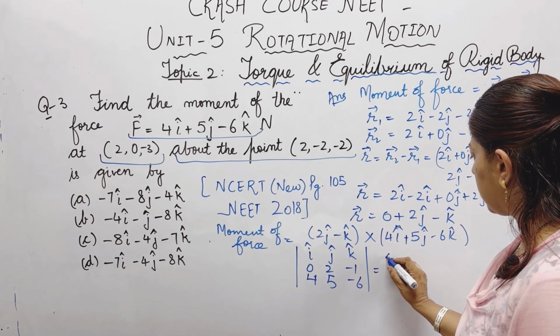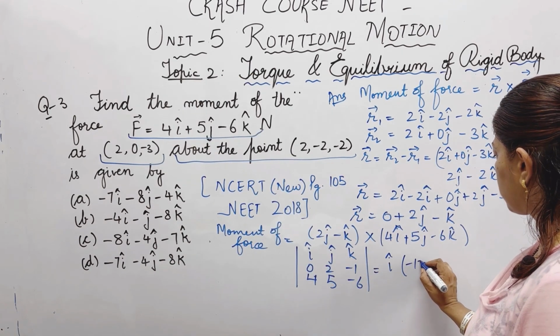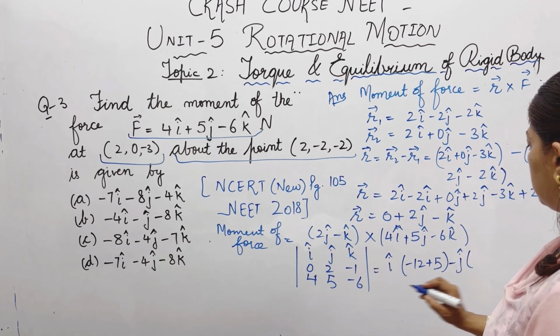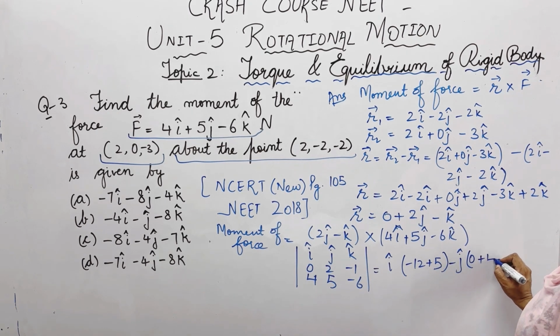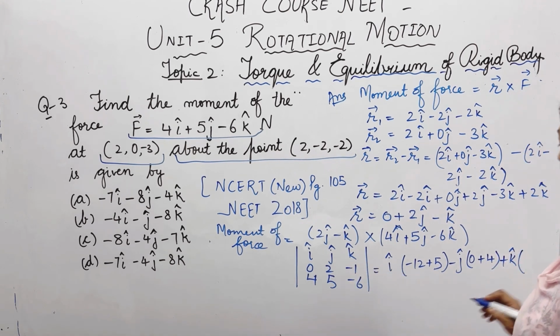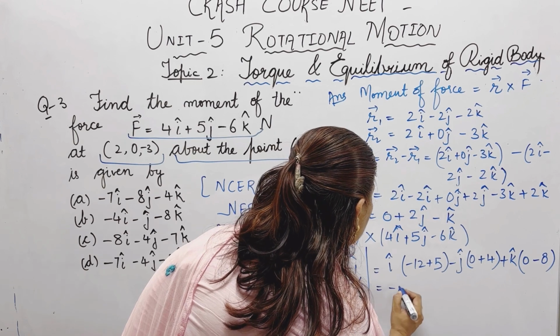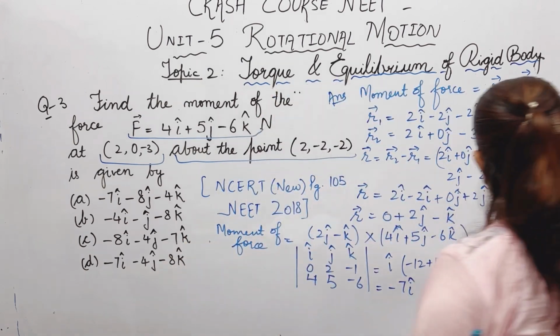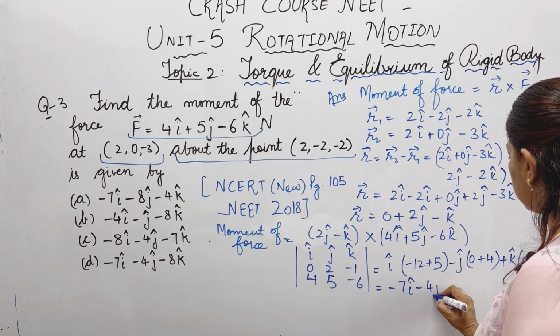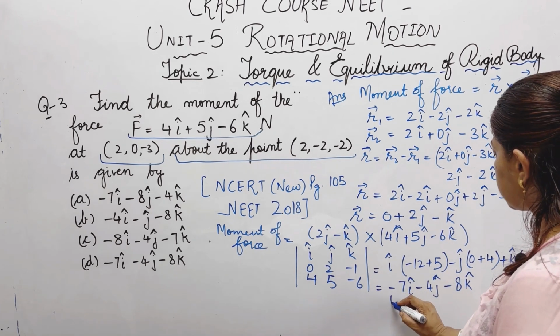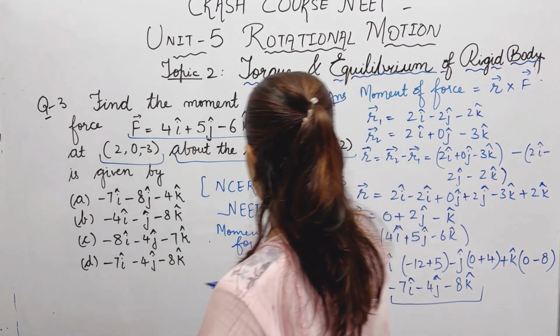This is given by i cap into minus 12 plus 5, minus j into 0 plus 4, plus k cap into 0 minus 8. So this value comes out minus 7i, minus 4j and minus 8k cap. This is the value of the moment of force we calculated.